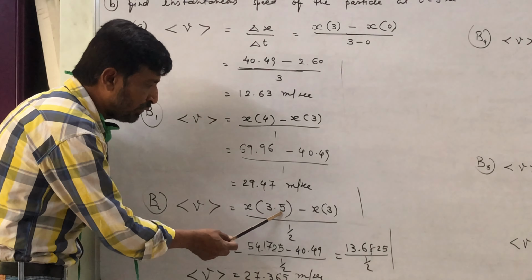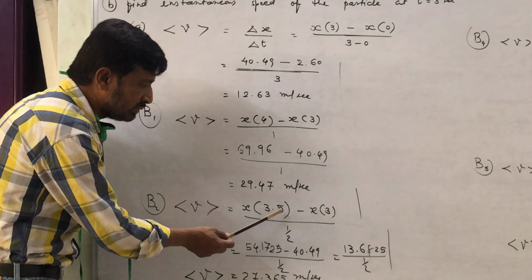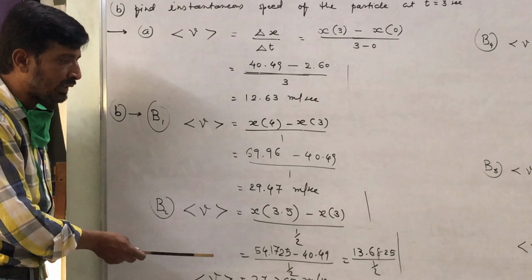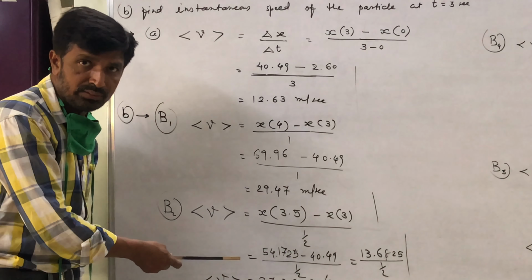So x of 3.5, after calculation we get 54.1725 minus 40.49 upon half. So 13.6825 upon 1 by 2. So finally the answer is 27.365 meter per second. It is the average velocity of the particle in a time interval of half second after 3.